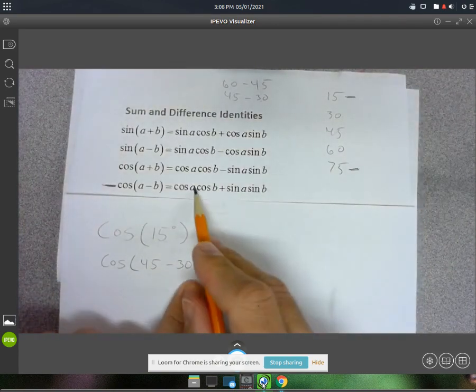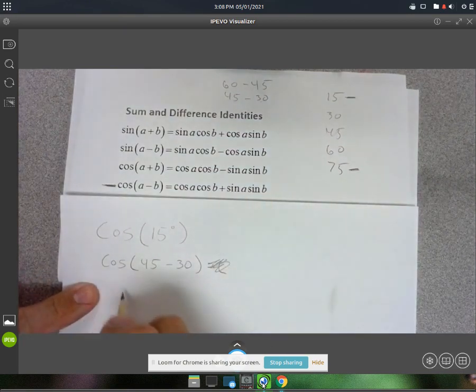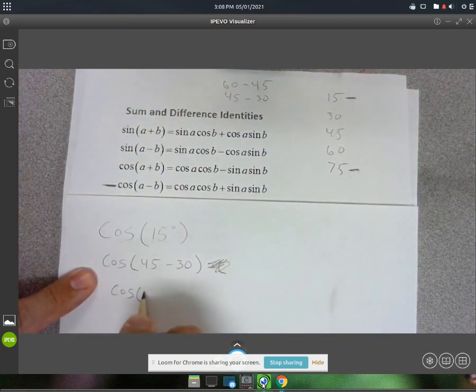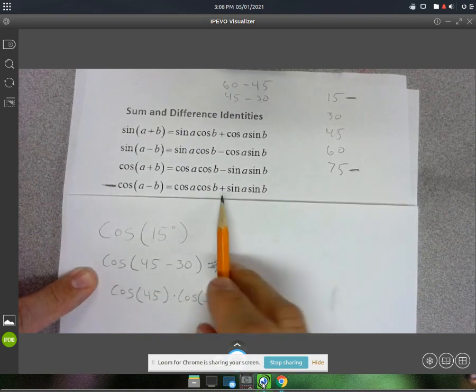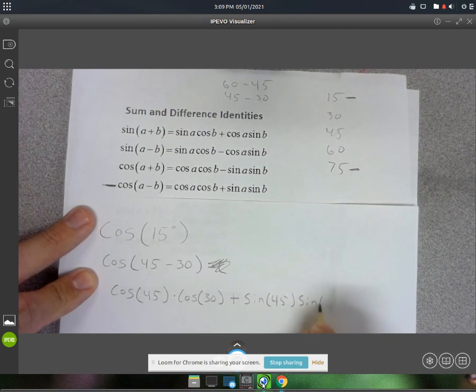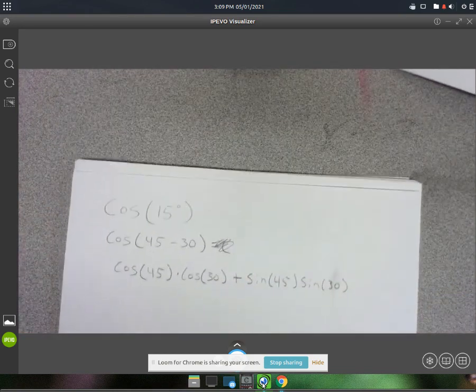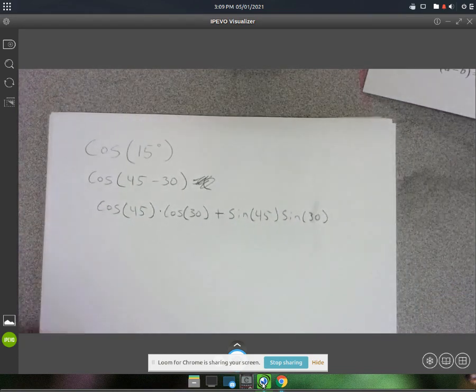So it's cosine of A times cosine of B, which is cosine of 45 times cosine of 30. Notice my middle sign here is a plus, and then it's the same thing, sine of A and sine of B, which is sine of 45 times sine of 30. And then we're just going to work these out, because we know the exact values of all these expressions.